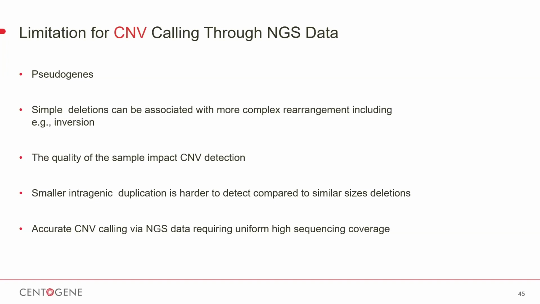Sometimes deletions or duplications can be associated with more complex rearrangements, like for instance inversions, that cannot be detected via NGS platforms, especially whole exome, but this is not the same for whole genome, which can detect balanced rearrangements.